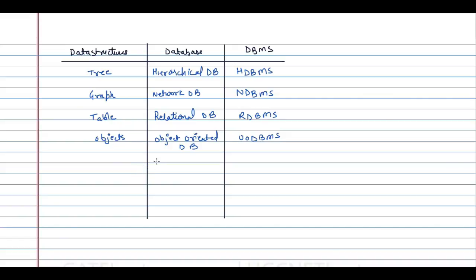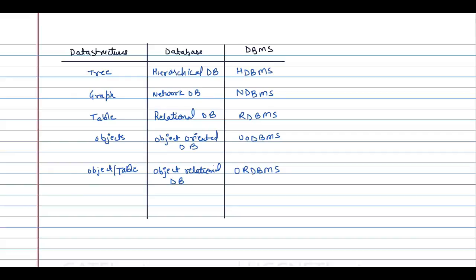Then we have object relational databases, and these are also called as ORDBMS, and underlying data structure are objects as well as tables.